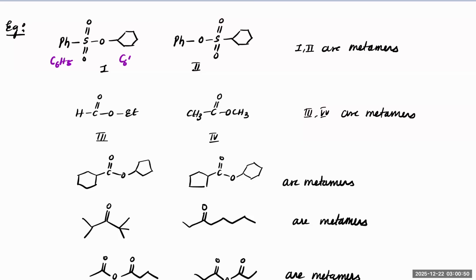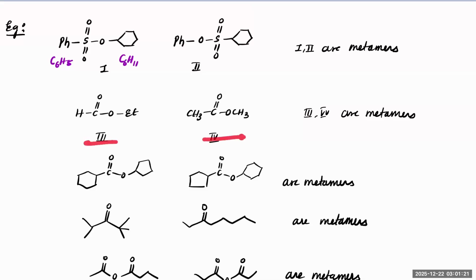Right hand side, I have C6H11. Clear? So we can see we have 2, 4, 6, 8, 10, and 11 here. So total C6H11 or C6H5. So number of carbon might be same, but if you change the position of phenyl and cyclohexyl, then these are called metamers as well.